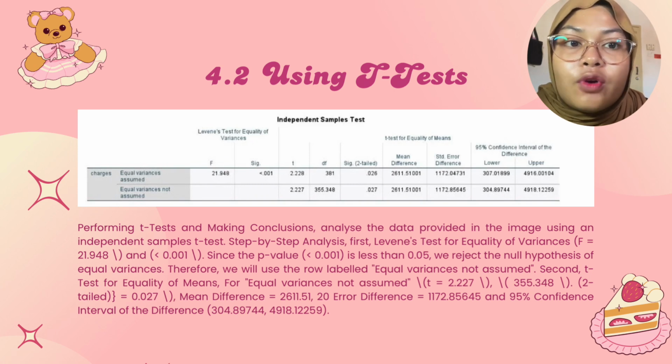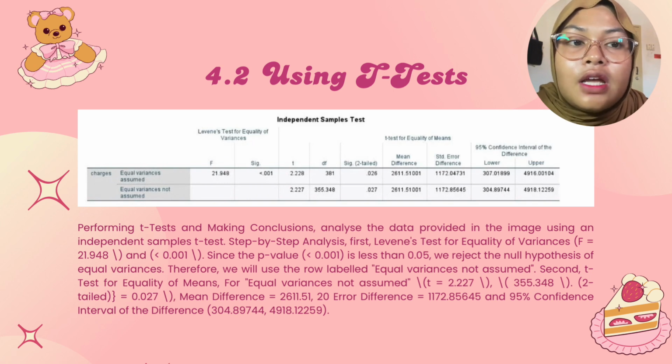Second, t-test for equality of means for equal variance not assumed. T equals 2.227, degrees of freedom 355.348, two-sided p equals 0.027.